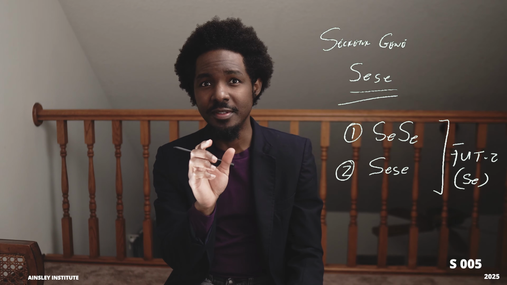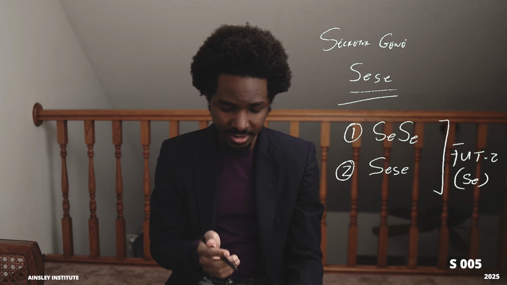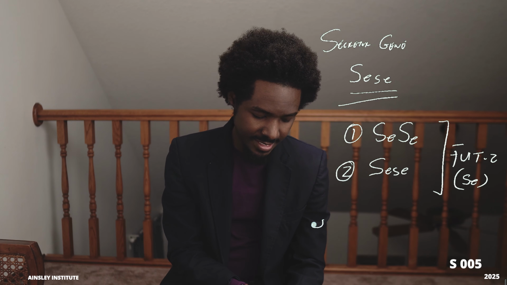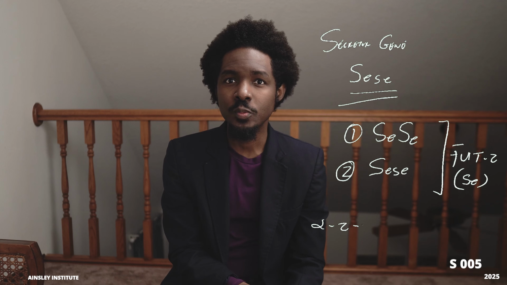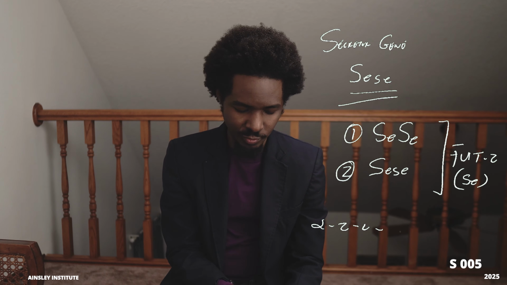So the inheritance of the FUT2, which is the secretor gene, codes for the production of a transferase. And the transferase that we're talking about is the alpha-2-L-fucosyltransferase.